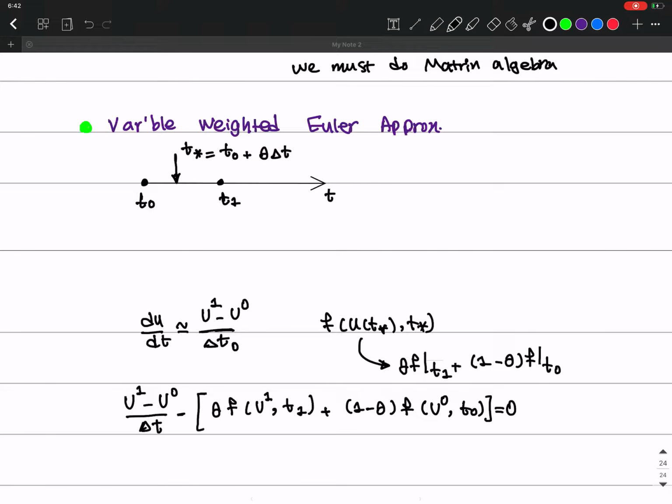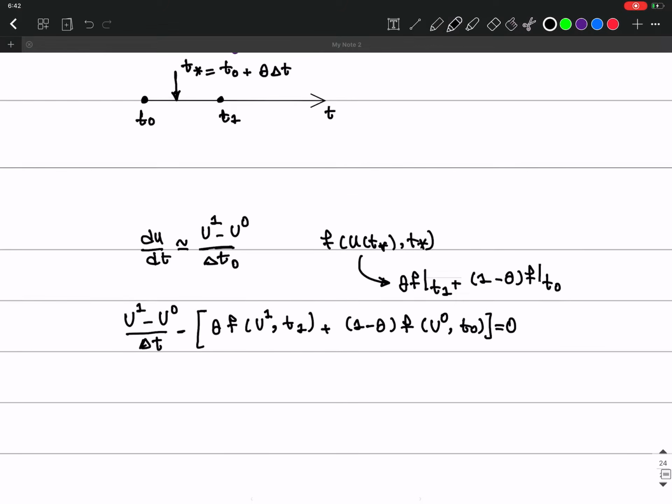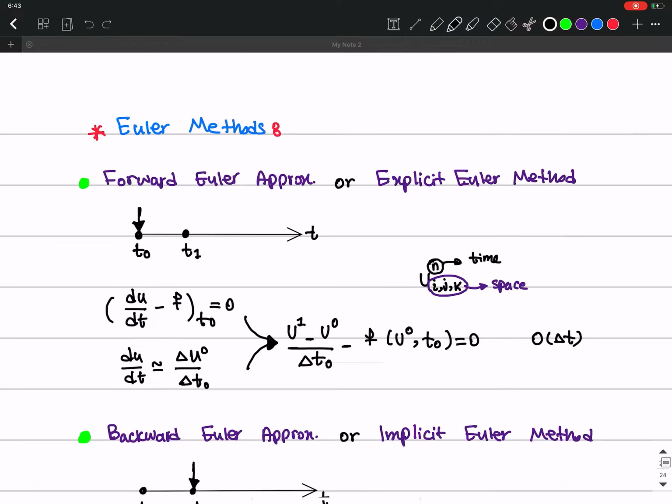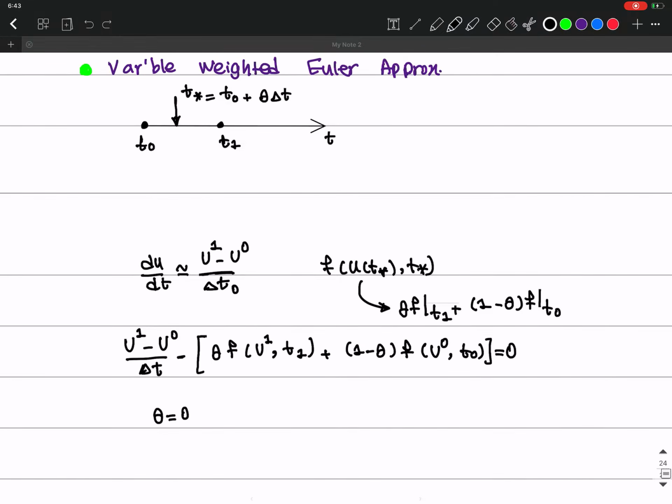Okay, so let's investigate this. If theta is 0, this means we are here, right? We are at t0. Then, if you also look at it here, this term is gonna be 0, and we only have this one.